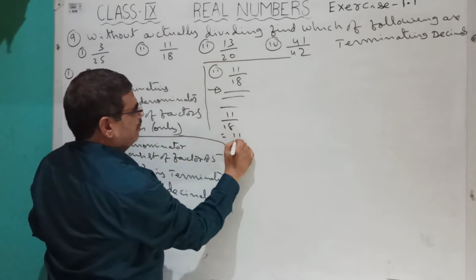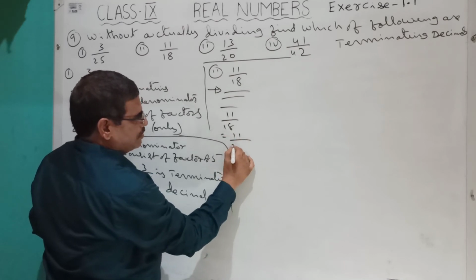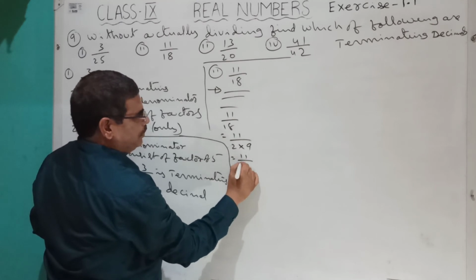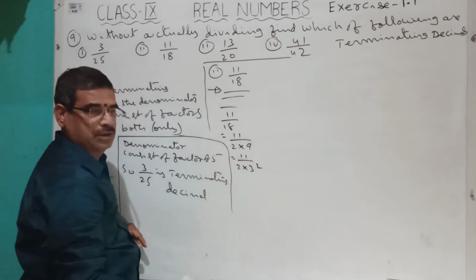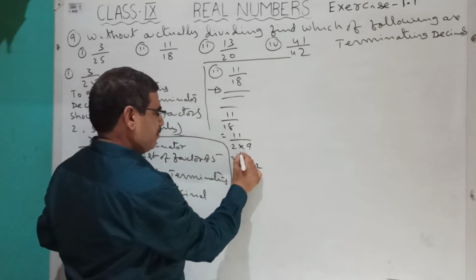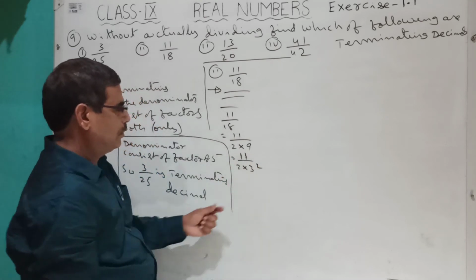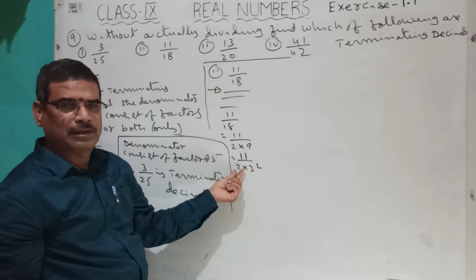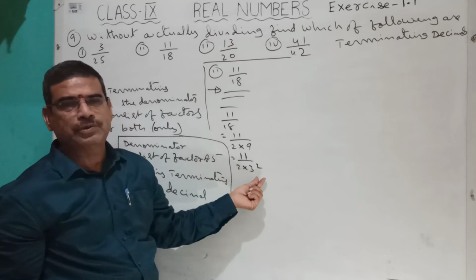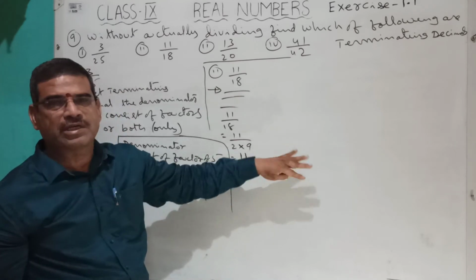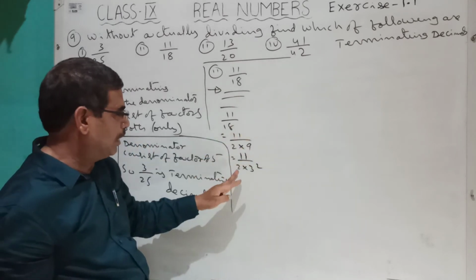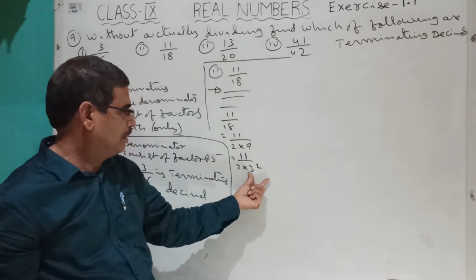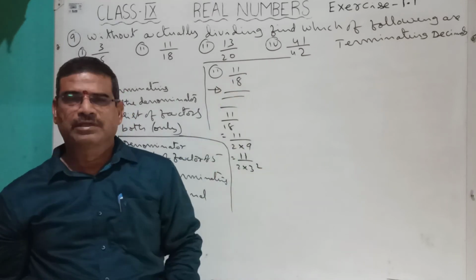So 11 by 18 can be written as 2 into 9. That 9 we can write as 3 square. So here the denominator consists of 2 into 3 square. So 3 square is an extra number there. So it is not in the form of either 2 or 5 or both. So this is not a terminating decimal.